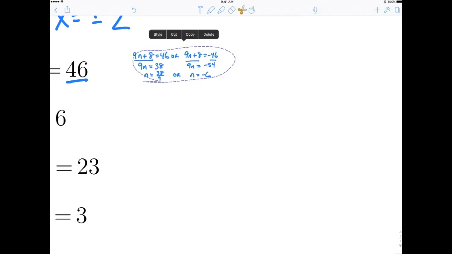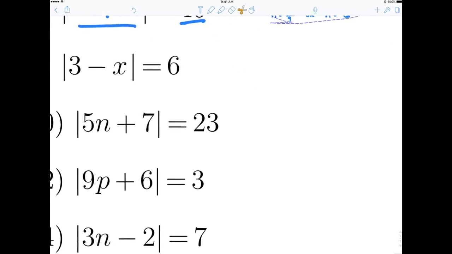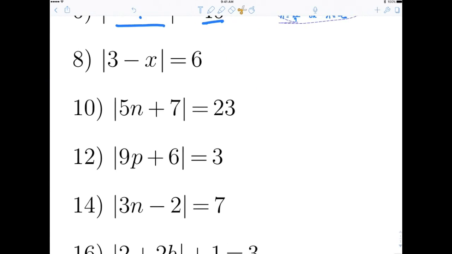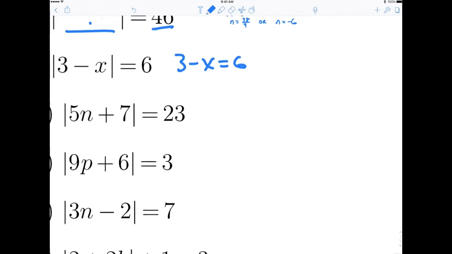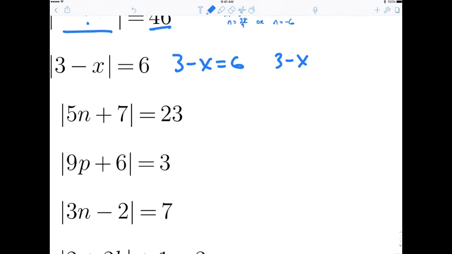Next. Now, I want someone to tell me what I'm supposed to write out for the two equations. 3 minus x equals 6. Hold up. 3 minus x equals 6, or 3 minus x equals -6. Beautiful. Exactly.